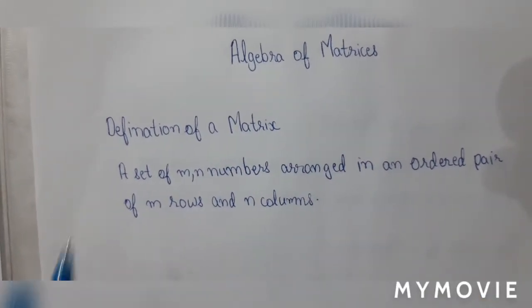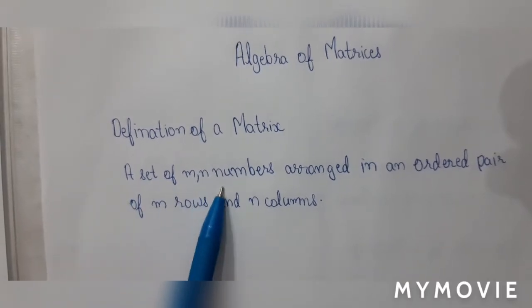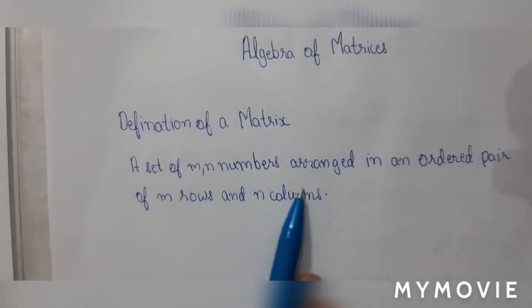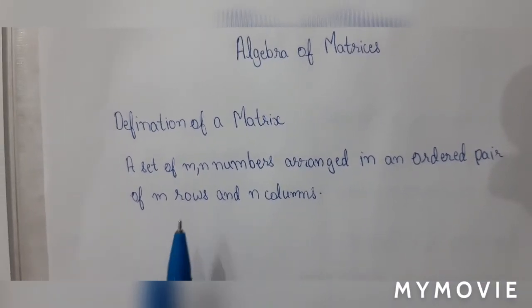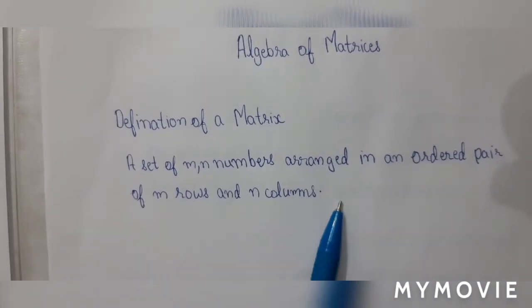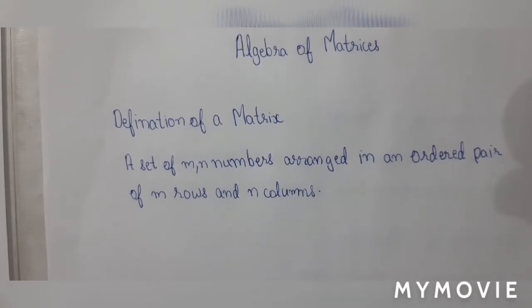So a set of m comma n numbers arranged in an ordered pair of m rows and n columns. This is the definition of a matrix.